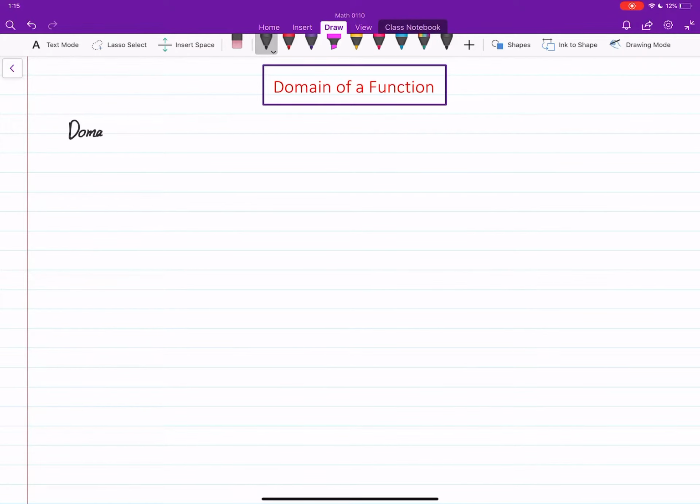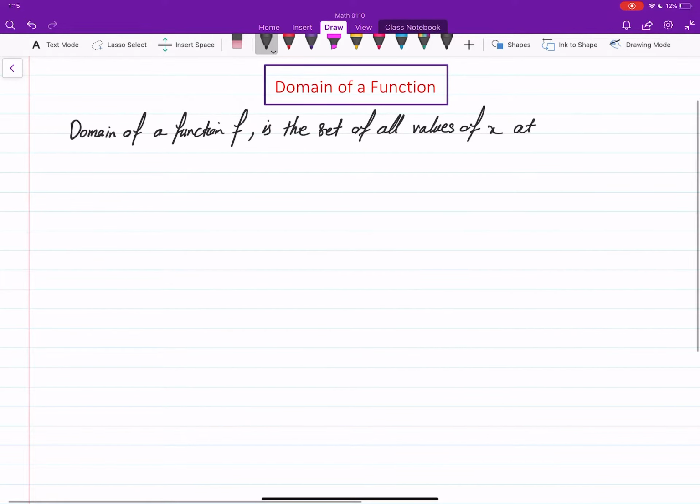Domain of a function f is the set of all values of x at which f is defined.